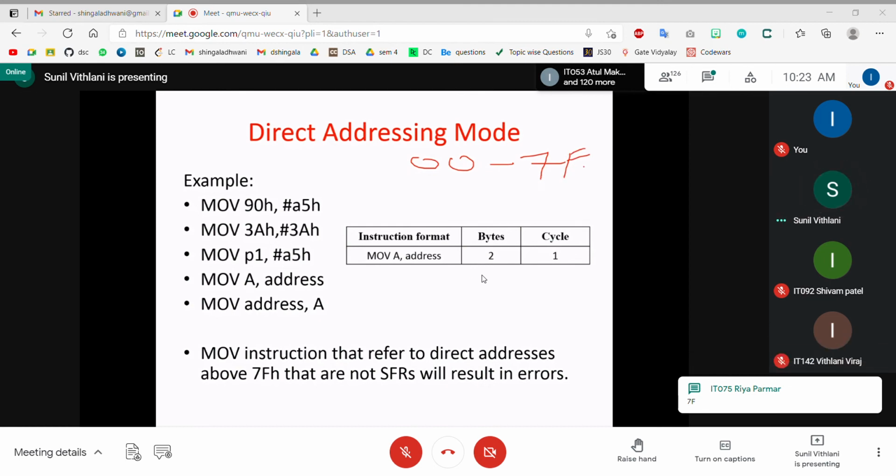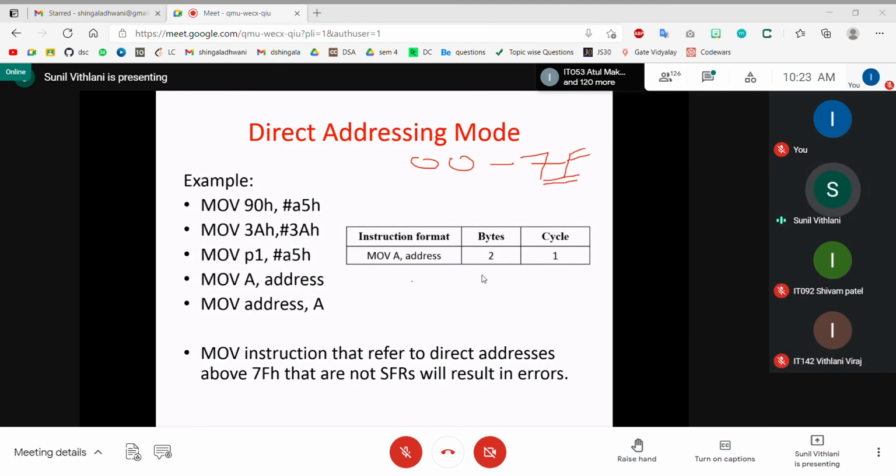Now, above this 7F, if you will use address, let's say that I have used move 9F, A. Then what is the interpretation of this? So it will copy data from register A to this memory location.